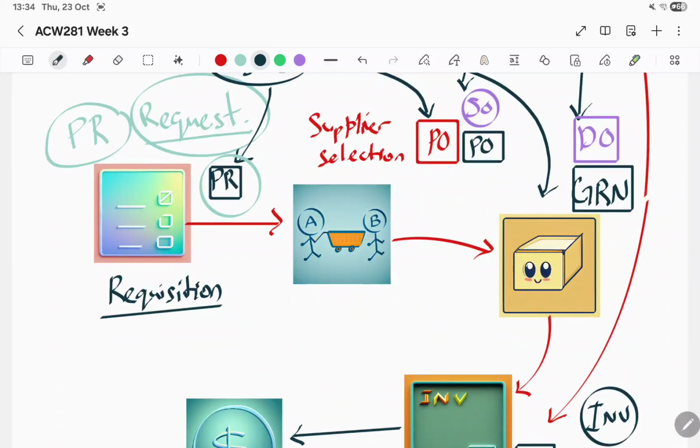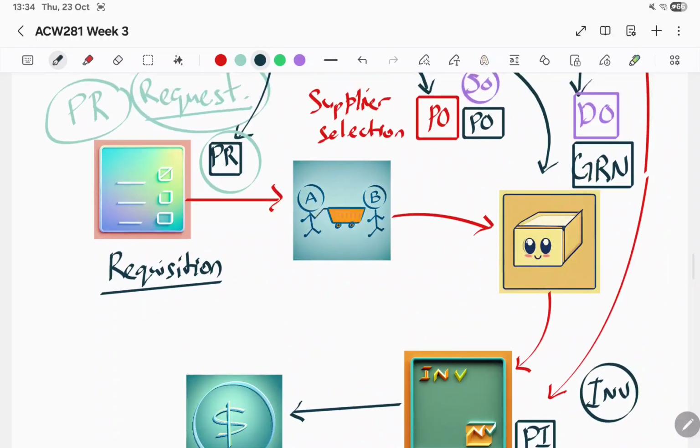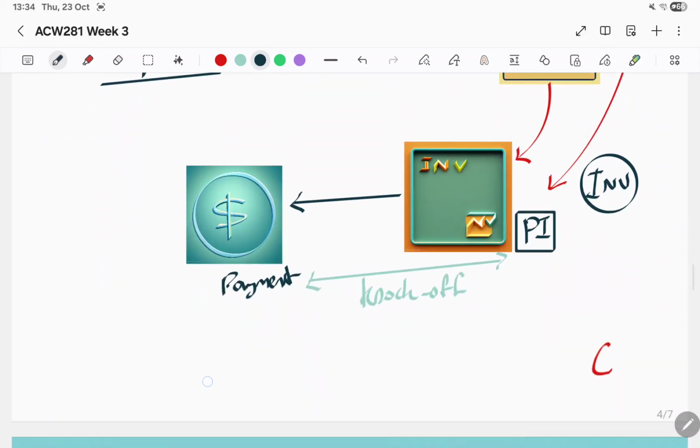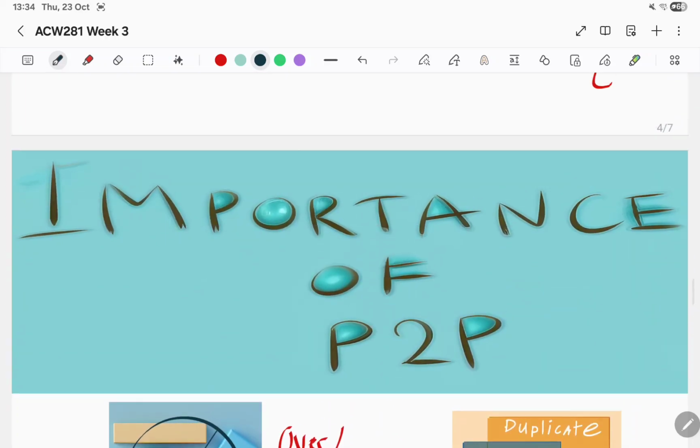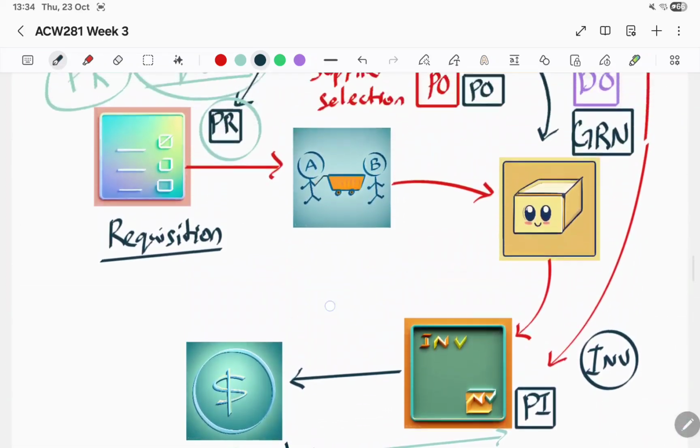It's all in sequence, because if you have a proper approval on the requisition, then you will avoid the over or under purchase.